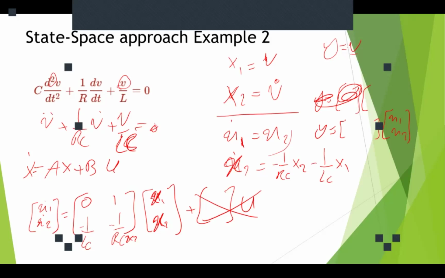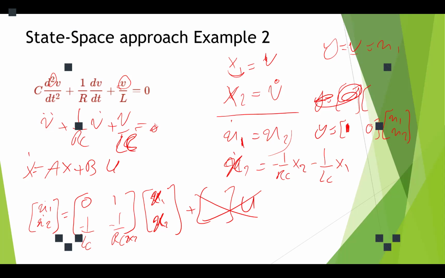So this is going to be equal to x1. What is y? It is equal to x1. So this is 1, this is 0. Are we good? Is that clear? What we talked about for state space. Any questions?